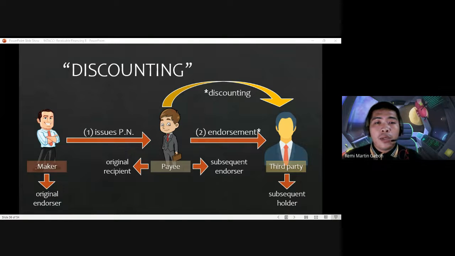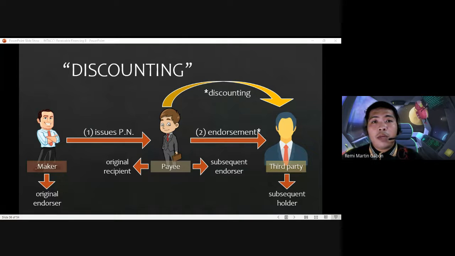Being an endorser, the payee will endorse the promissory note to a third party, which becomes the subsequent holder of the promissory note. The transaction between the payee and the third party will now be treated as a transaction of discounting of promissory notes.